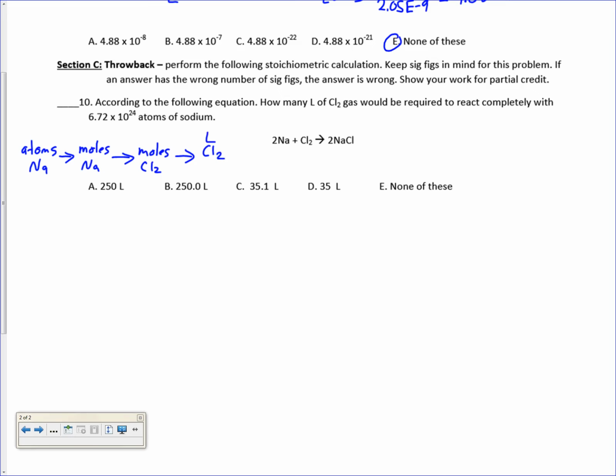All right, the conversion factors there. Atoms to moles, 6.02 times 10 to the 23rd, Avogadro's number. Moles to moles, we're using the ratio. Moles to liters, 22.4 at STP.